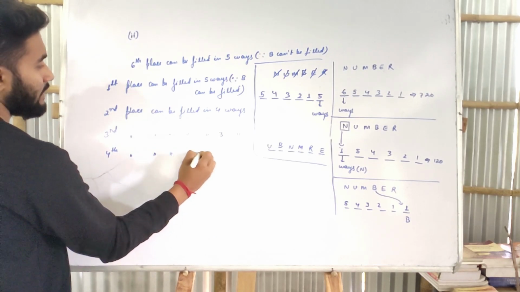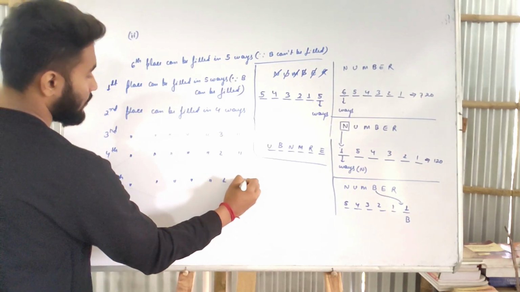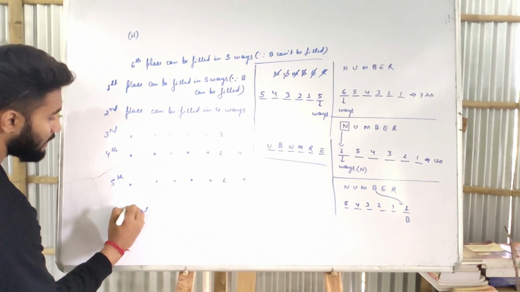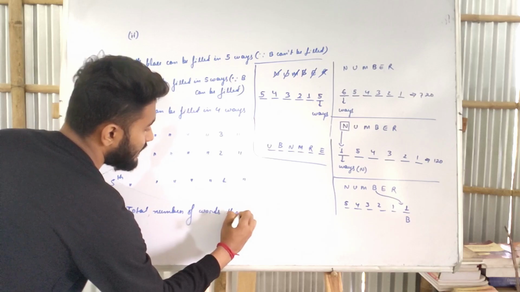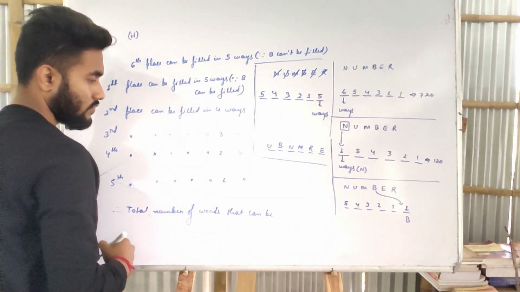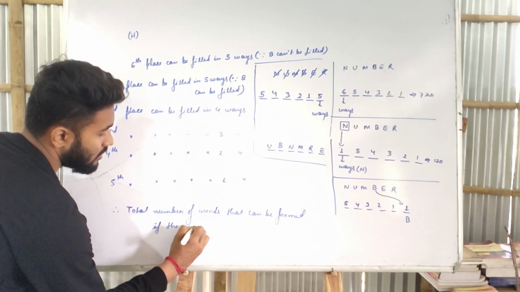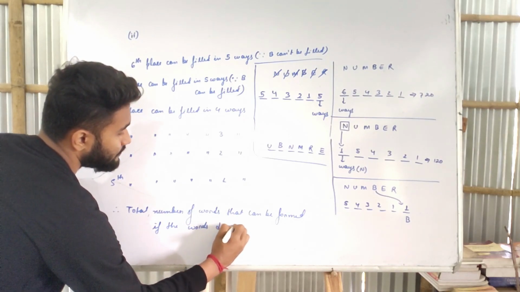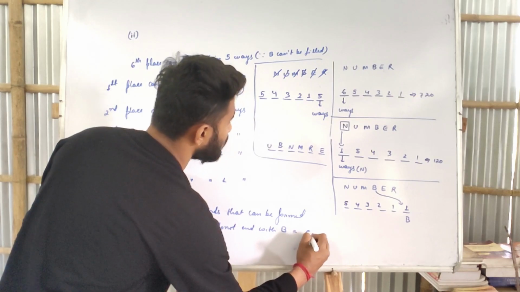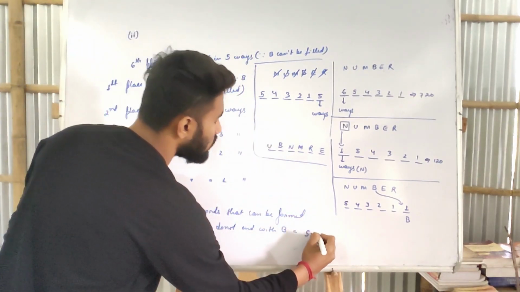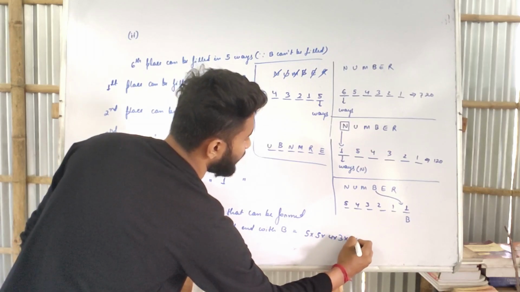Fourth place can be filled in 2 ways, and the fifth place can be filled in 1 way. Therefore, the total number of words that can be formed if the word does not end with B will be equal to 5 into 5 into 4 into 3 into 2 into 1.